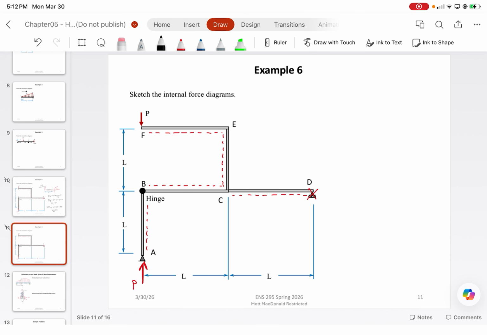And because our reference fiber looks like that, again, draw shear going to the left towards the reference fiber, moment causing a positive force in the reference fiber, and then your axial force.